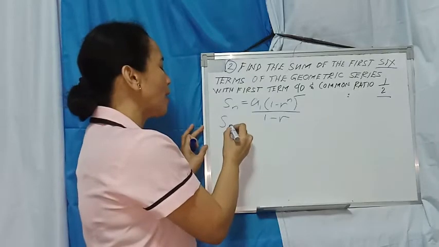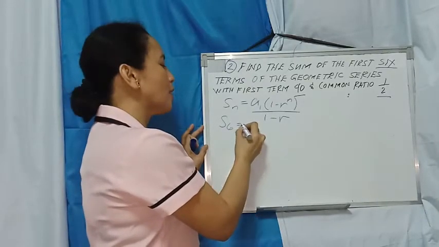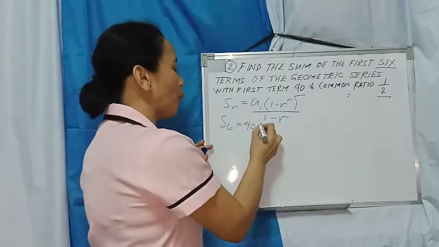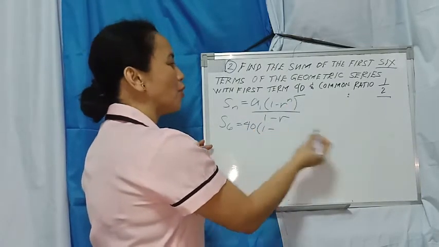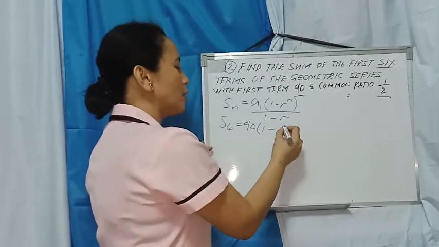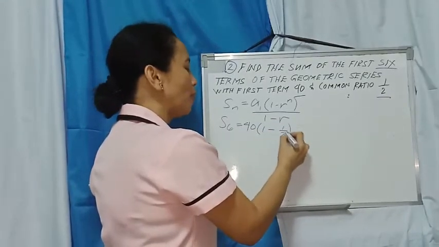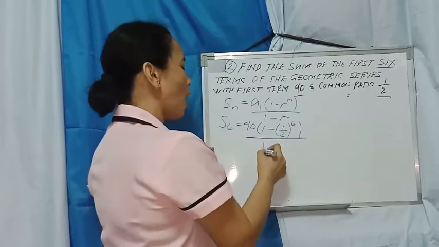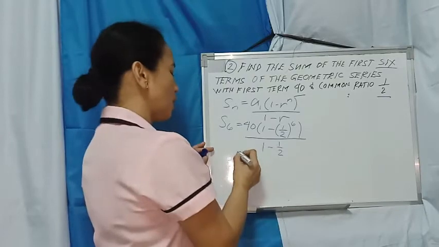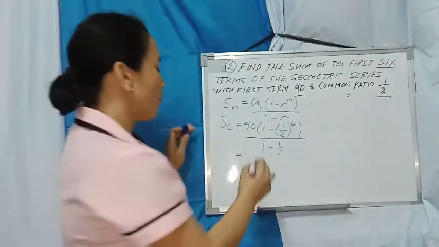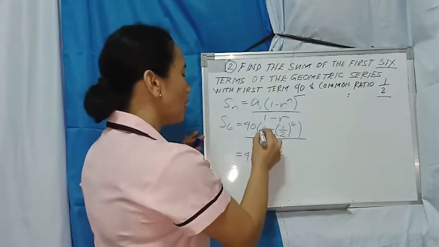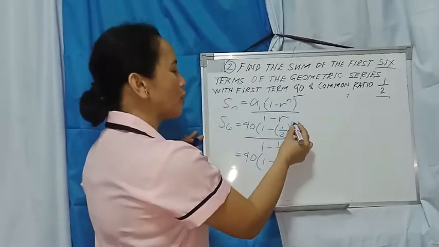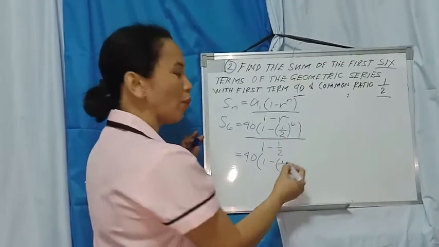So we have S sub 6 equals a sub 1 is 40, then quantity 1 minus our common ratio 1/2, raised to the 6th power, then all over 1 minus 1/2. So again, copy 40, then copy 1 minus 1 raised to the 6th power, the answer is still 1.